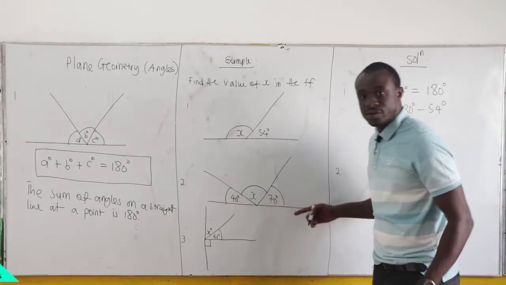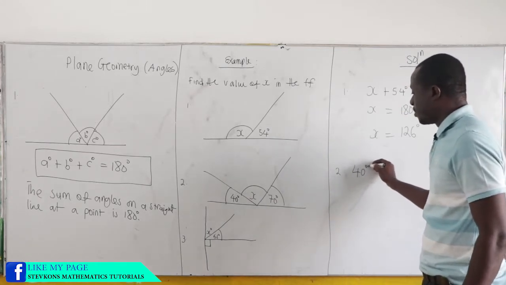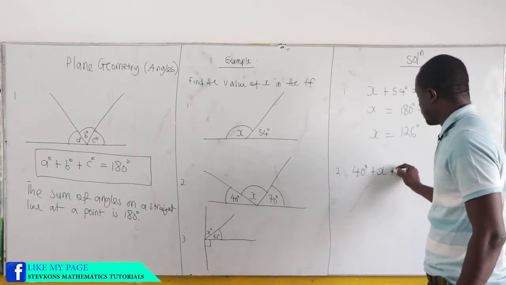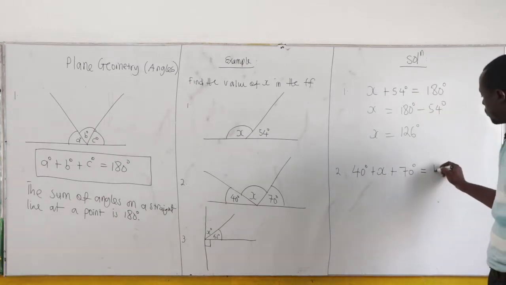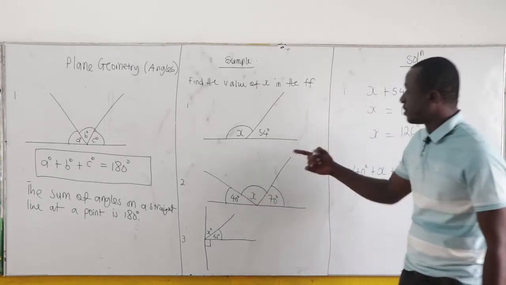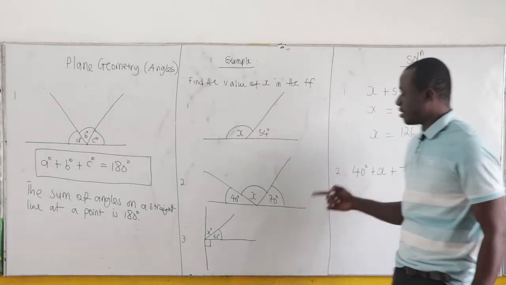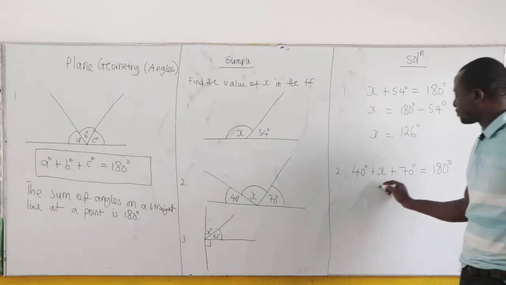Now the sum of angles on the straight line add up to 180. So we can say that 40 degrees plus x plus 70 degrees is equal to 180 degrees. Here we have three angles. In the first one there were only two angles, but then the second one has three angles, so add all and equate to 180.